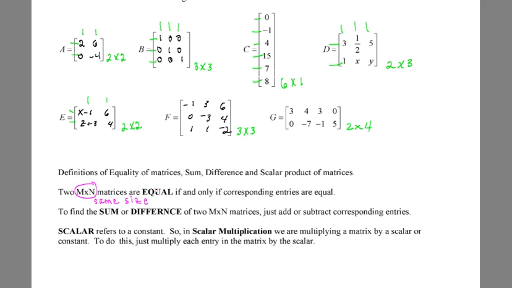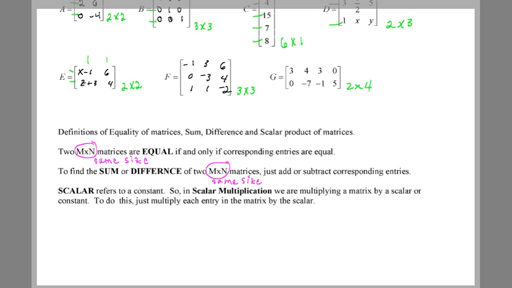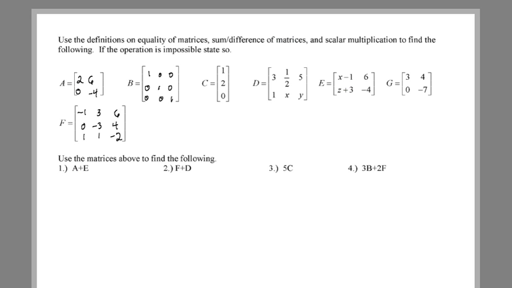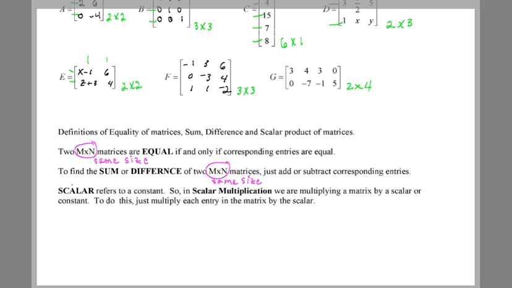Let's look at the sum or difference. If I want to find the sum or difference of 2 m by n matrices, which means I can only add or subtract matrices of the same size, I'm just going to add or subtract corresponding entries, just entries in the same positions. And then a new term here you may not be familiar with is the term scalar.